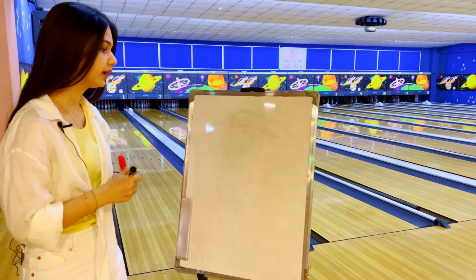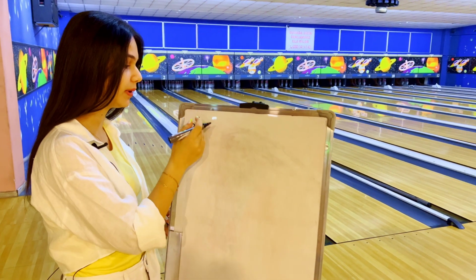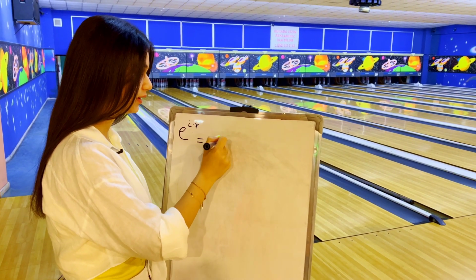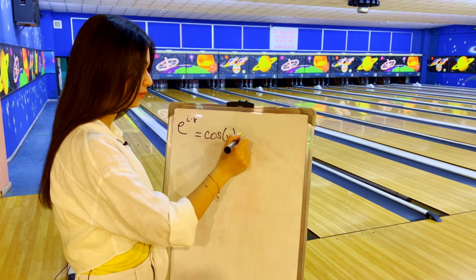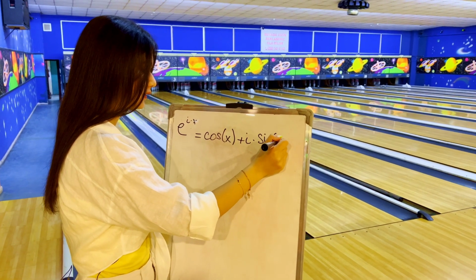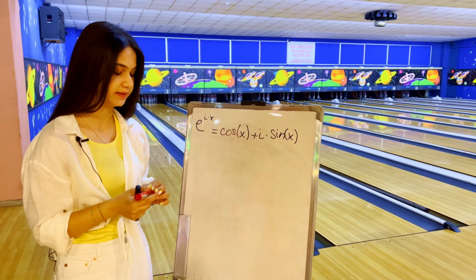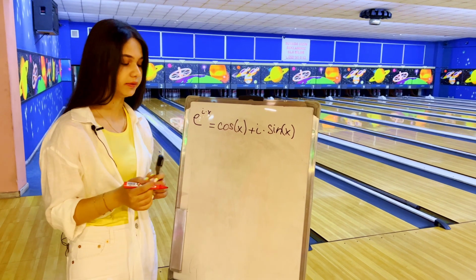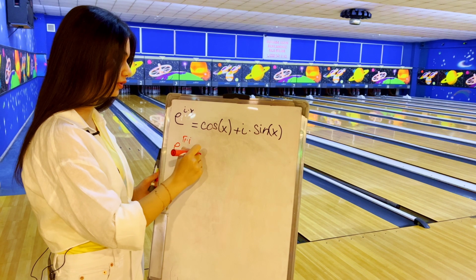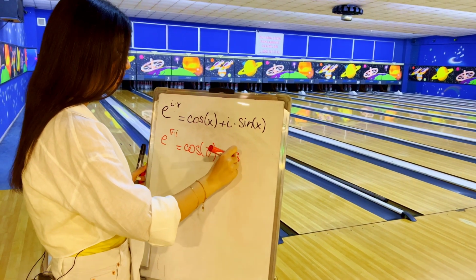So the formula looks like this: e to the power of i multiplied by x, ix, is equal to cosine of x plus i multiplied by sine of x. So now I would like to plug pi into x, and I'll be left with e to the power of pi multiplied by i is equal to cosine of pi plus i multiplied by sine of pi.